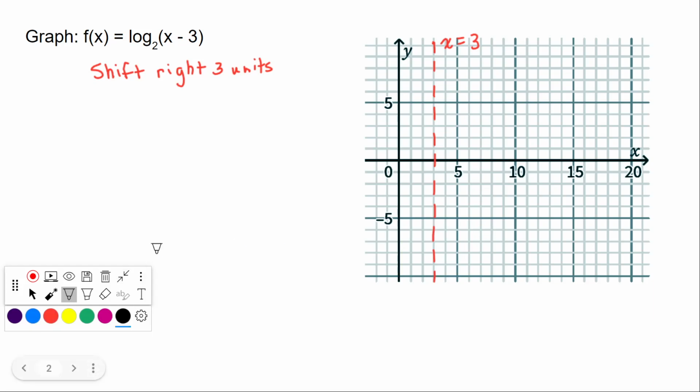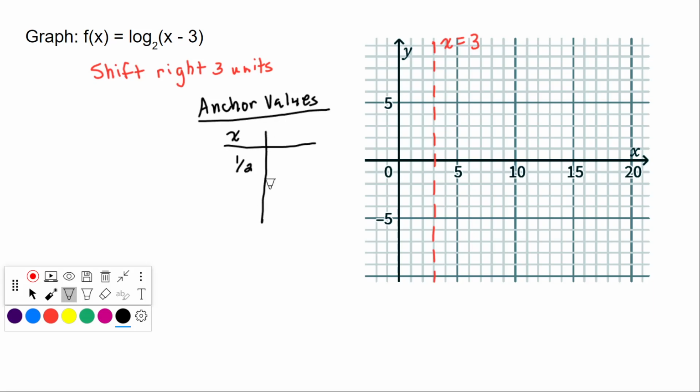But if I think about my anchor values, I'm just going to start with 1/2 this time. When our input is 1/2, our output is going to be -1.